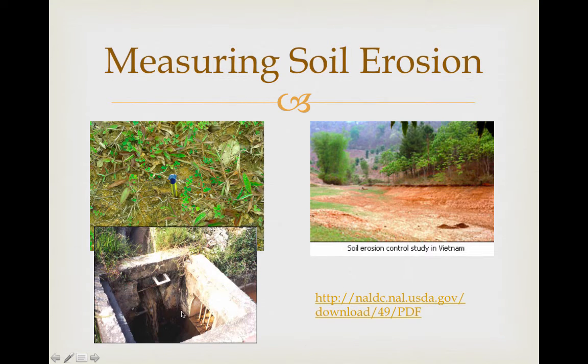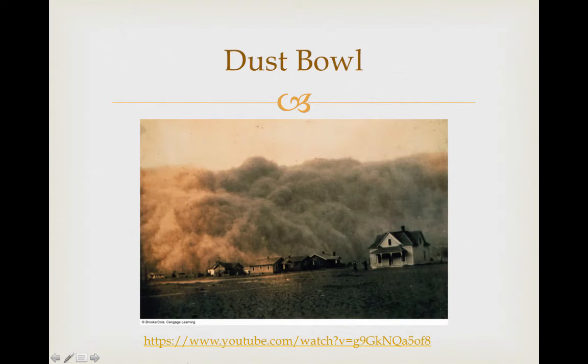Catch pits, that's the lower left-hand corner here. They collect eroded soil, usually brought to the pit via water, where it's then measured. And then nuclear fallout is something that you can use. You measure amounts of radioactive isotopes like cesium-137 in soil over time to track its movement. There's a PDF here that explains some of these, or you could just look in your book under the Science Behind the Stories section.